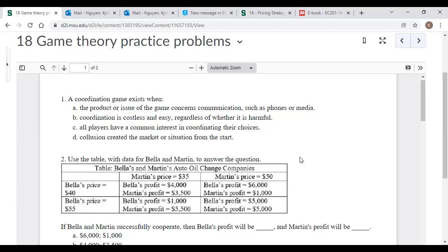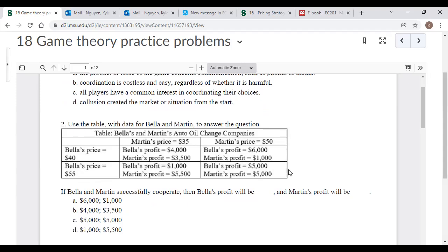2, use a table with Bella and Martin to answer the question. If Bella and Martin successfully cooperate, then Bella's profits will be blank and Martin's profit will be blank. So let's make a table.